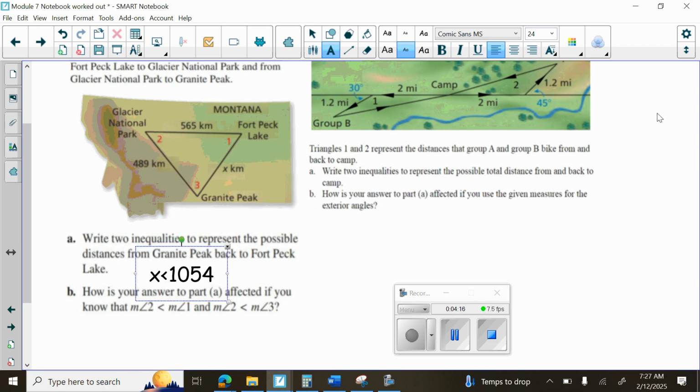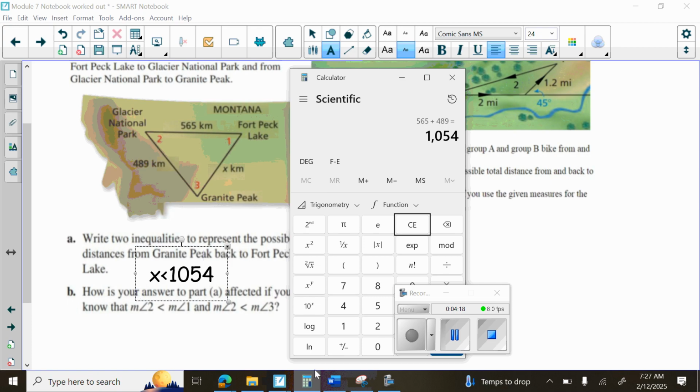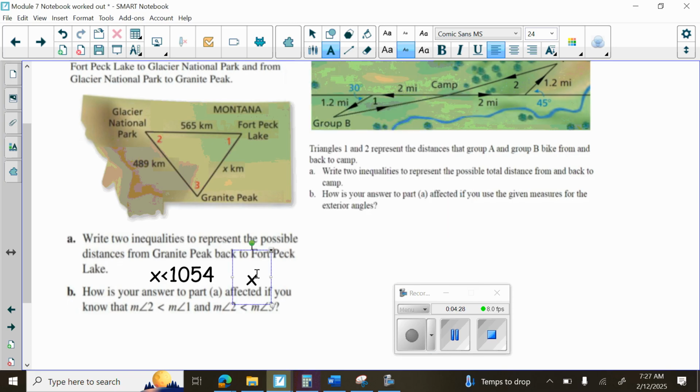Right? And then what's the other thing we do? Subtract. So 565 minus 489, 76. So x has to be greater than 76. Any questions about part A? Good at part A?